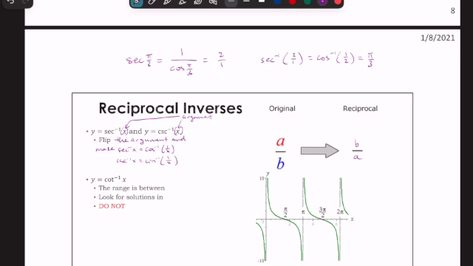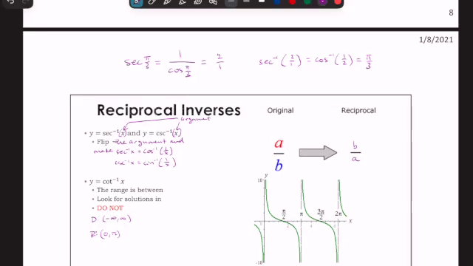However, with cotangent, remember the thing about cotangent is the range is 0 to pi, and our domain is negative infinity to infinity. So with cotangent, we actually just have to use it as is. We're not going to flip the argument there.